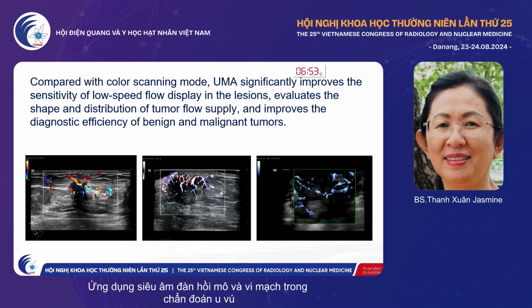Now, if we compare with color scanning mode, UMA significantly improves the sensitivity of slow flow display in the lesion, evaluates the shape and distribution of tumor flow supply, and improves the diagnostic efficiency of benign and malignant tumors. These are 3 IDC cases.